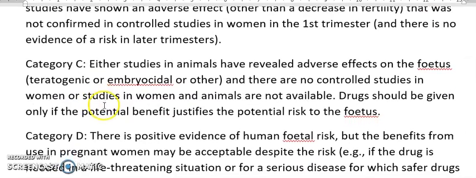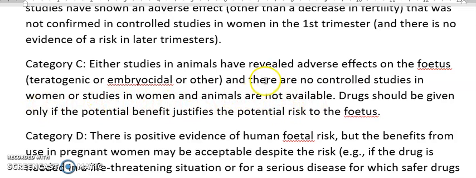Category C means either studies in animals have revealed adverse effects on the fetus, on the growing baby, either causing teratogenicity or causing the embryo to die, embryocidal, or others. And there are no controlled studies in women, or studies in women and animals are not available.